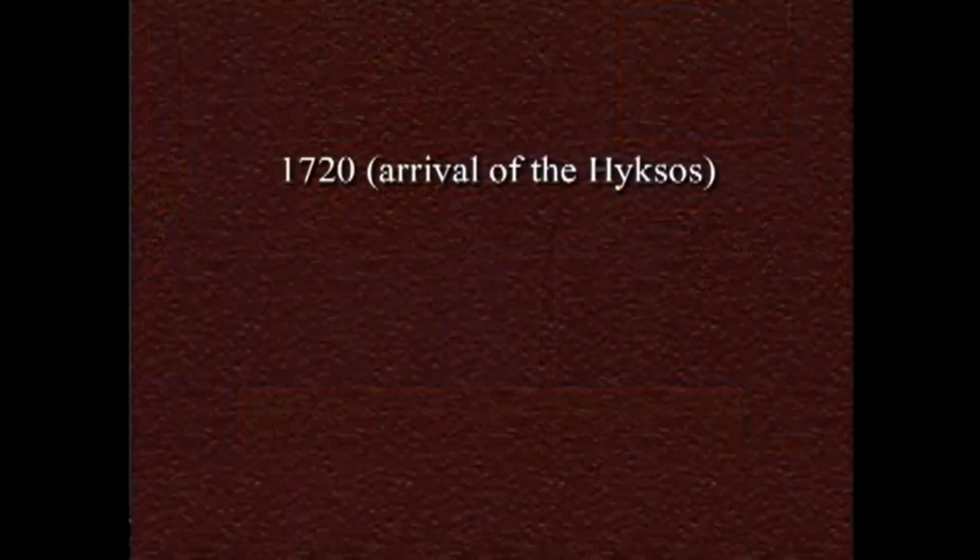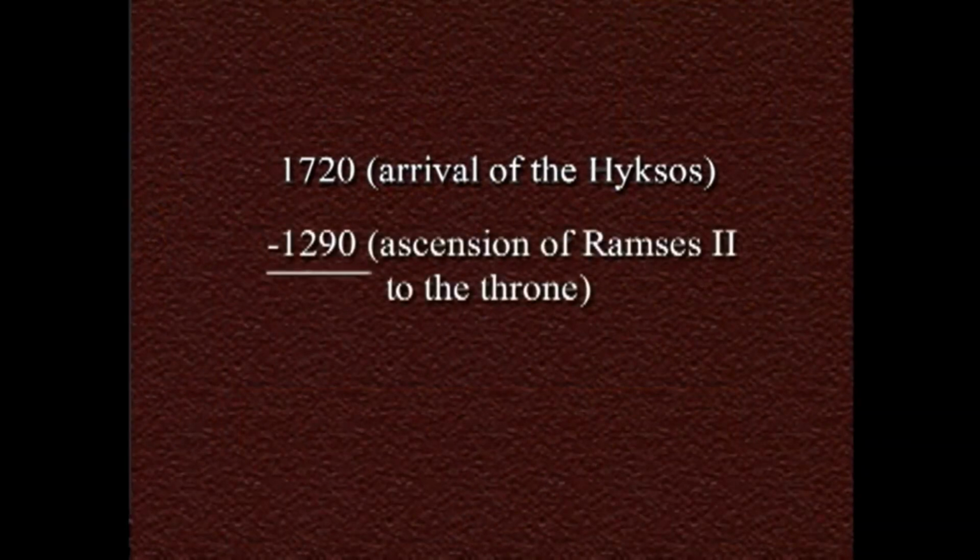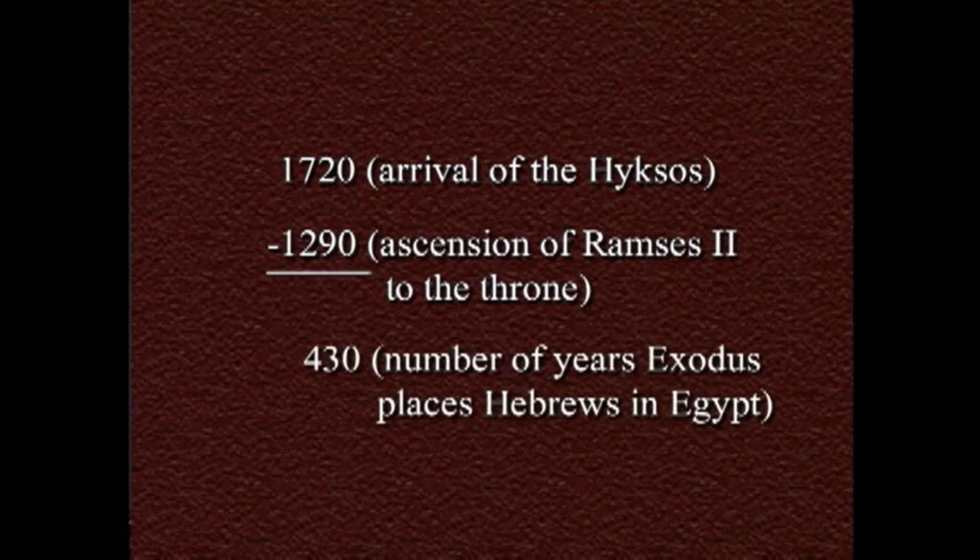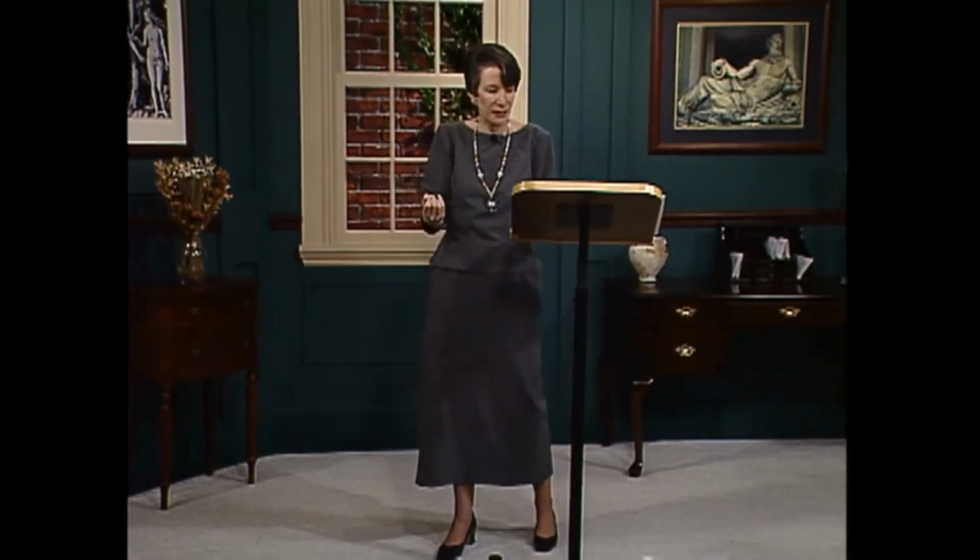So if you take the time of the arrival of the Hyksos in 1720, and you subtract from it the time of Ramses II's ascension to the throne in 1290, you wind up with 430, and that's the number of years Exodus places the Hebrews in Egypt. It actually matches up. Perhaps then the Hyksos are the background for the story of Joseph, and Ramses II really is the Pharaoh of the Exodus, and the Hebrew people really were enslaved in Egypt.